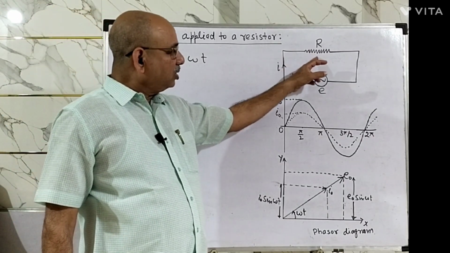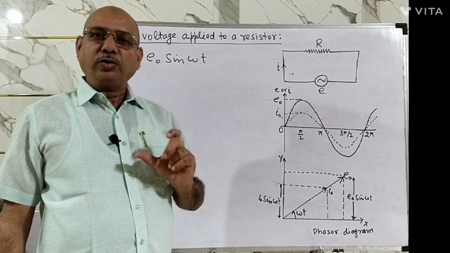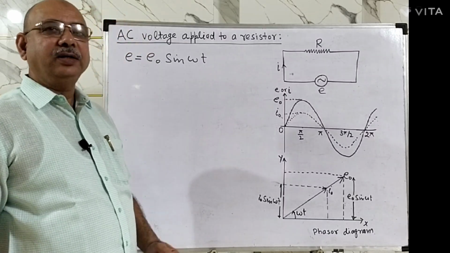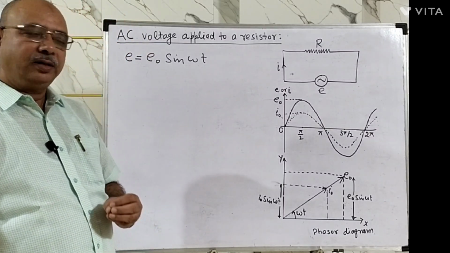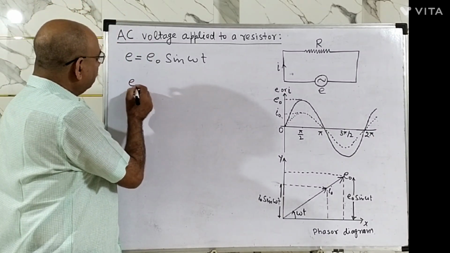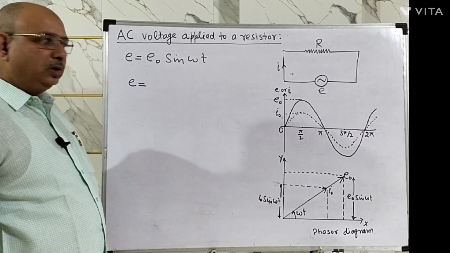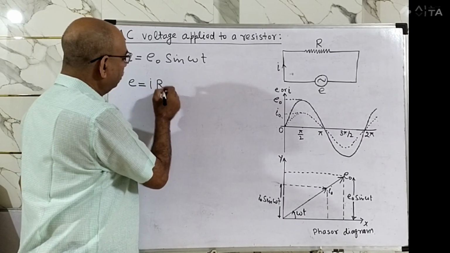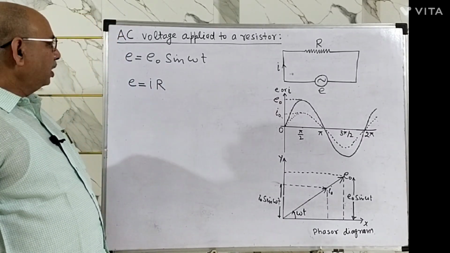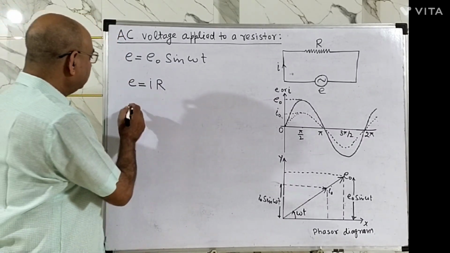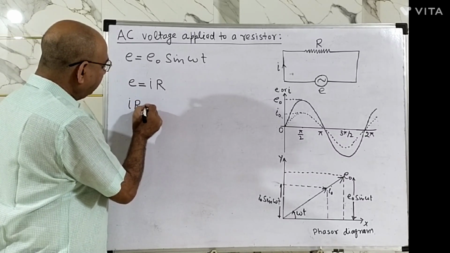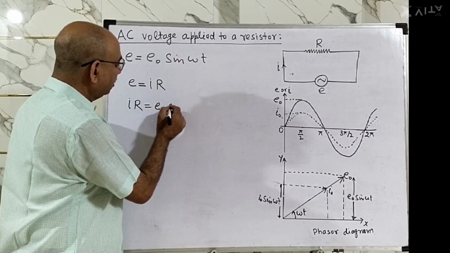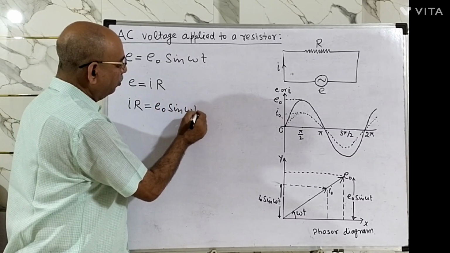When current I passes through this resistor, then the total potential drop across the resistor is equal to IR. We can say that the instantaneous value E is equal to the potential drop across the resistor, that is I into R. Therefore, we can write it as IR is equal to E naught sine omega t.